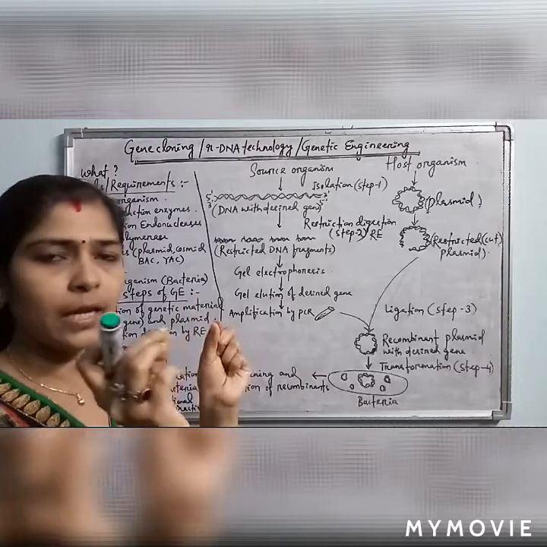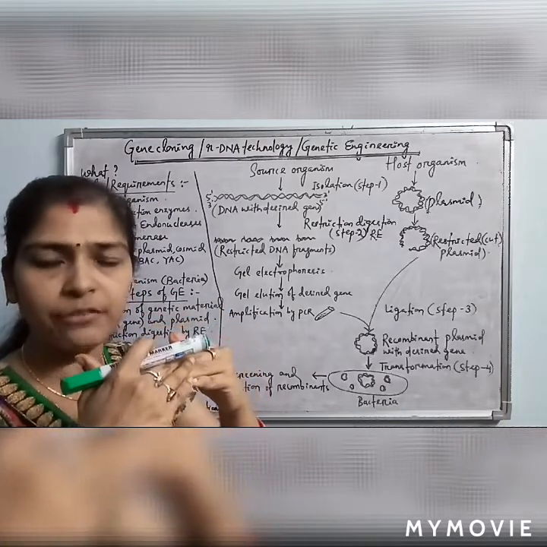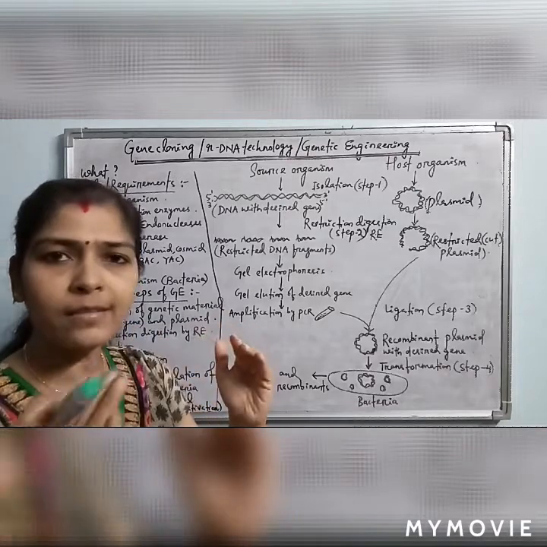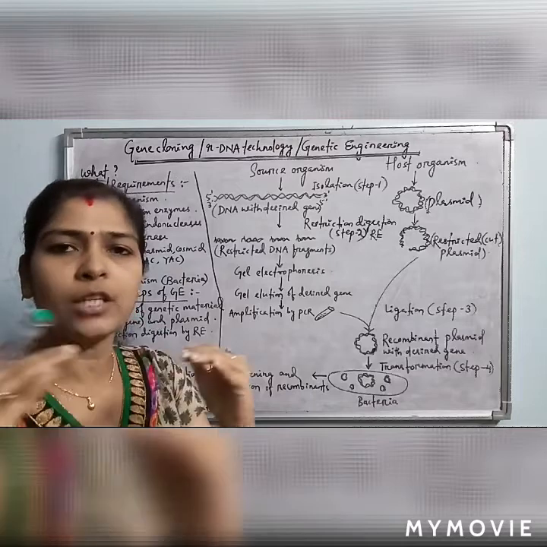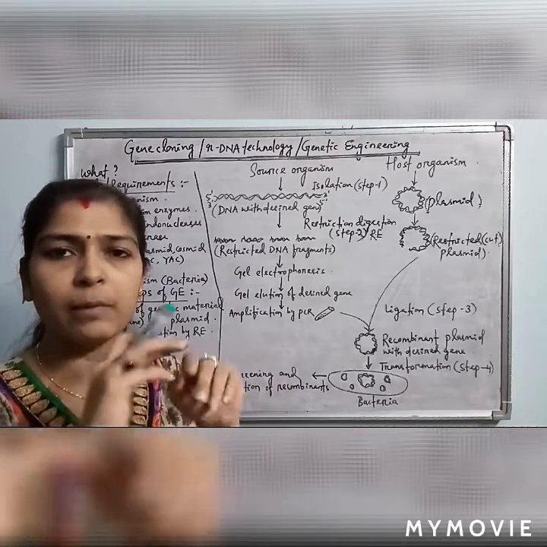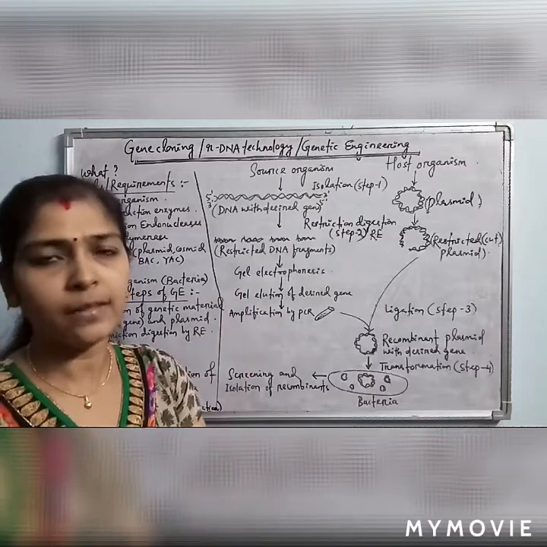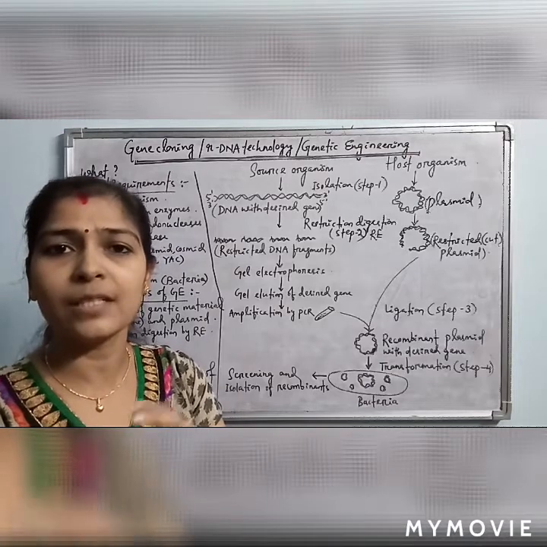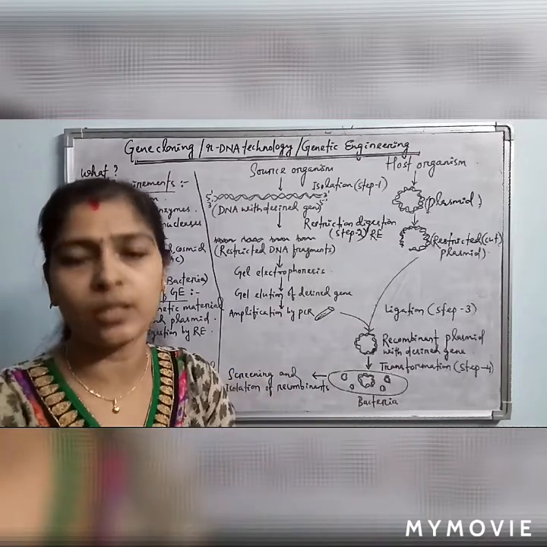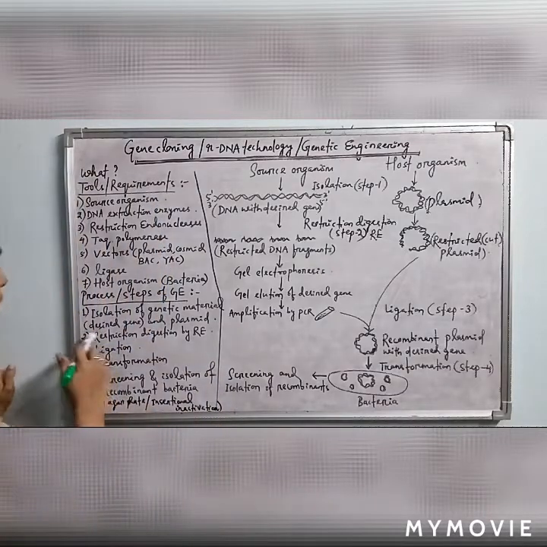The hanging ends produced by restriction endonuclease cleavage are ligated by ligase, forming the 3', 5' phosphodiester linkage, and there will be a complete plasmid with the desired gene inserted. This plasmid is now modified. It is known as recombinant plasmid because it has taken the foreign DNA into it.